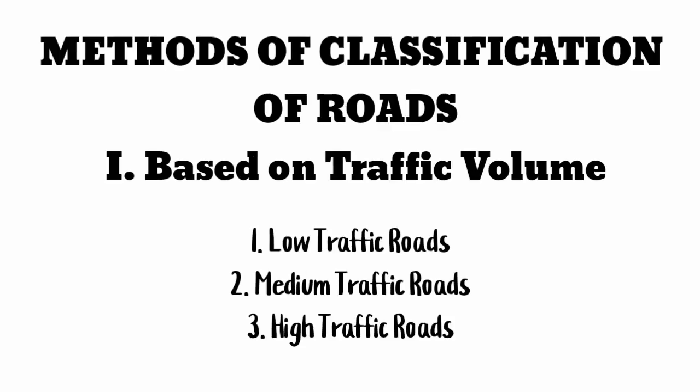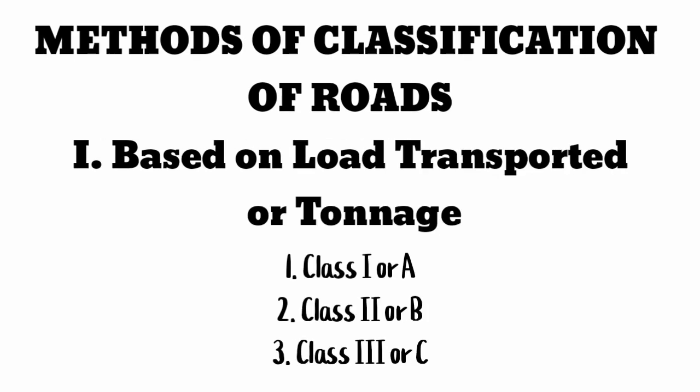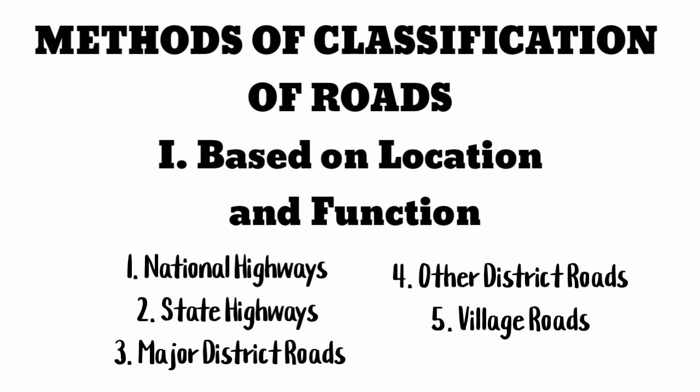Methods of classification of roads based on traffic volume: low traffic roads, medium traffic roads, and high traffic roads. Based on load transported or tonnage: class 1 or A, class 2 or B, class 3 or C. Based on location and function: national highways, state highways, major district roads, other district roads, and village roads.